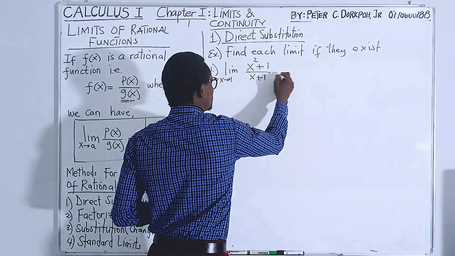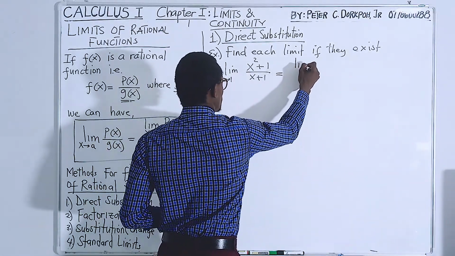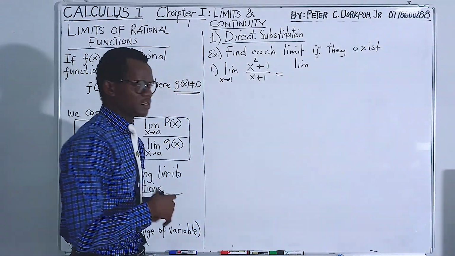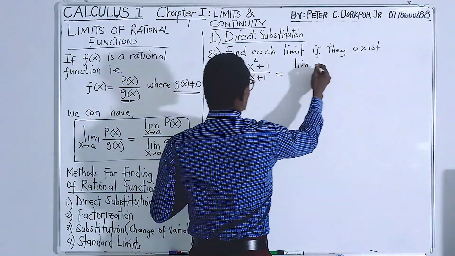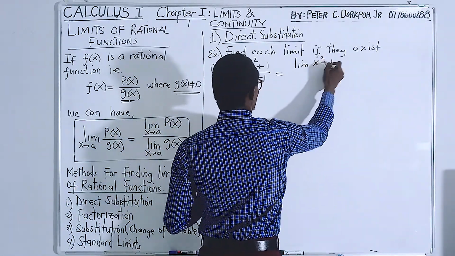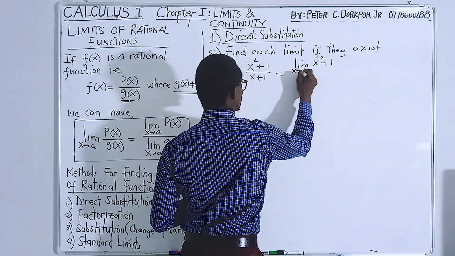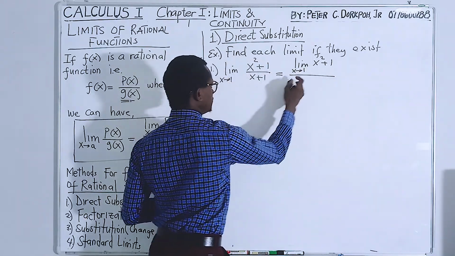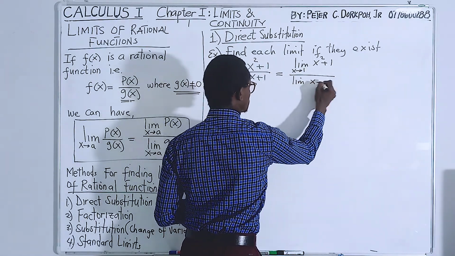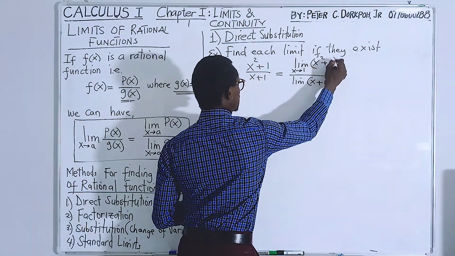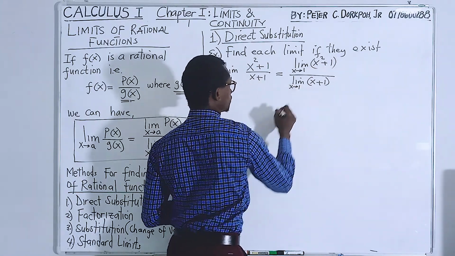So we can now use the property if we wish to, though the property at times is a kind of delaying method. So we can use the limit of x squared plus 1 as x approaches 1, divided by the limit of x plus 1 as x approaches 1.